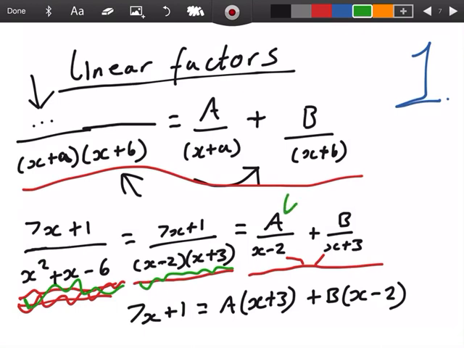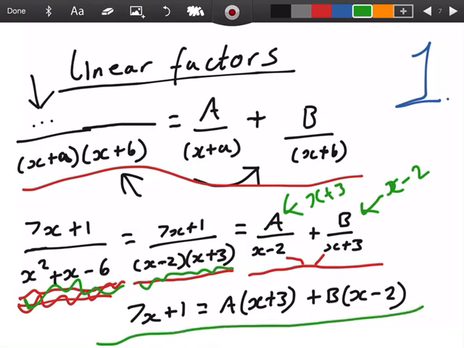Well, we times this side by (x plus 3), and we times this side by (x minus 2). And that gives a common denominator of (x minus 2) times (x plus 3). Now, you'll be thinking, where have the denominators of the fractions gone? The truth is, once we've got the same denominator on both sides of the equation, then they actually cancel out, so we don't have to look at them now. We're only interested in the top part of the fraction.